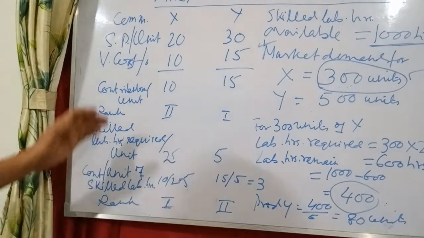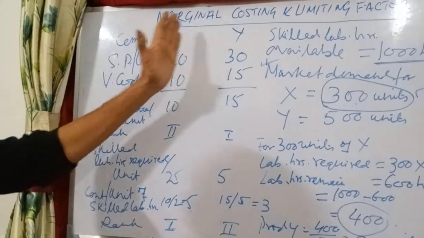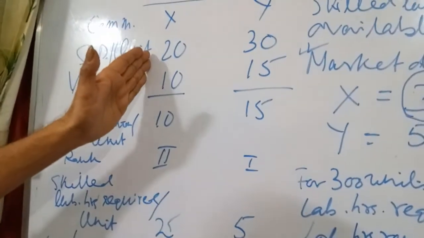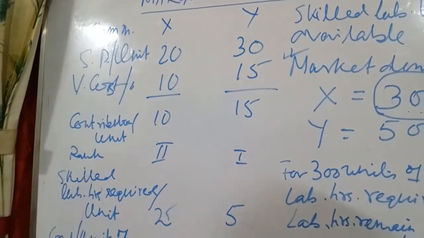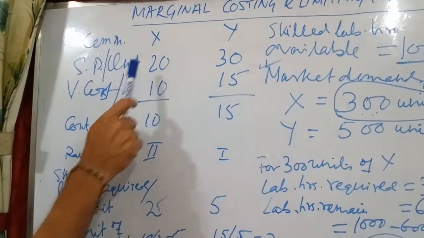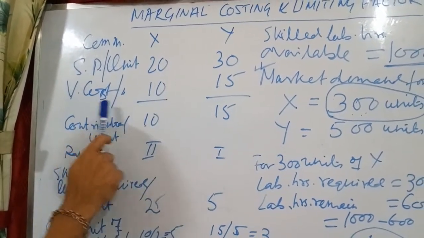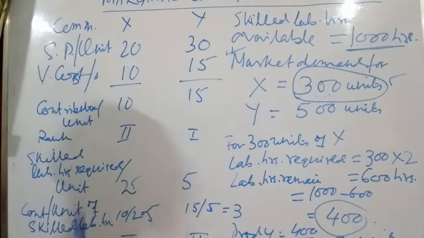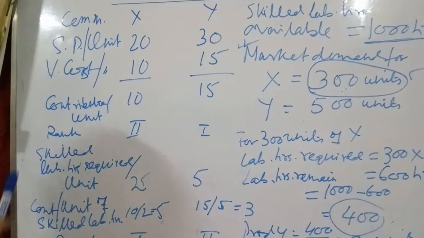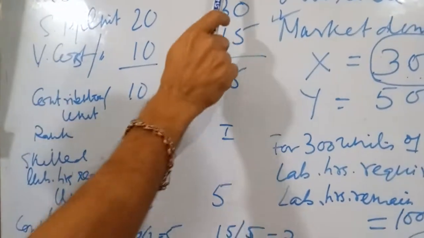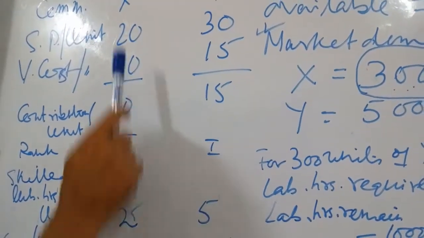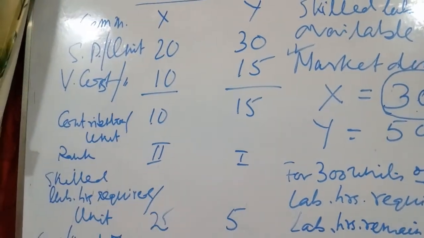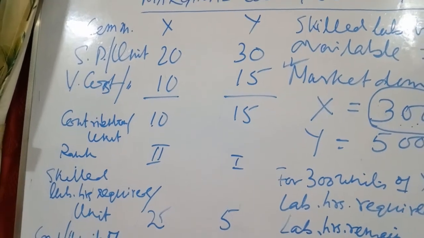So the firm has 2 commodities to produce, X and Y. Selling price per unit of X is 20, selling price per unit of Y is 30, variable cost per unit of X is 10, variable cost per unit of Y is 15. So contribution margin is 10 and 15 respectively for X and Y. So at this stage ranking becomes Y first followed by X. But the firm has limited skilled labor hours.